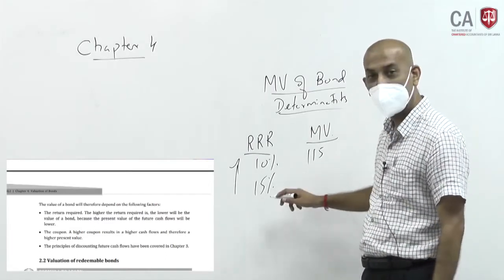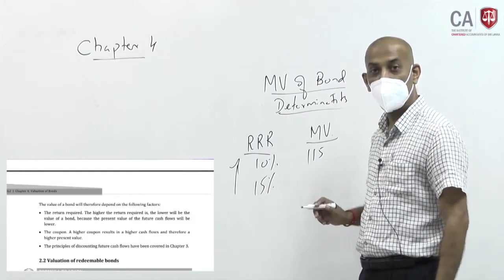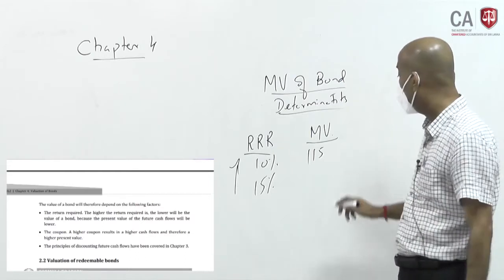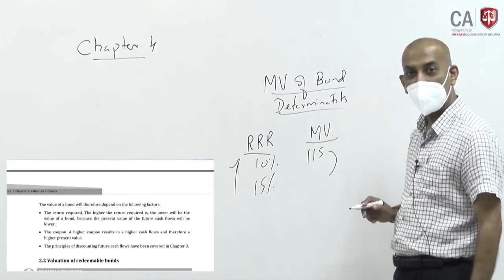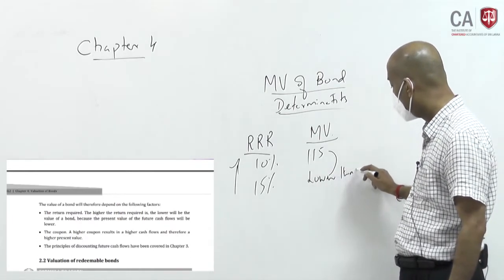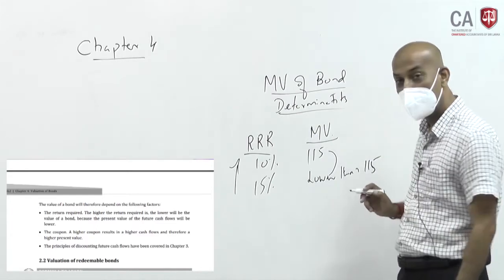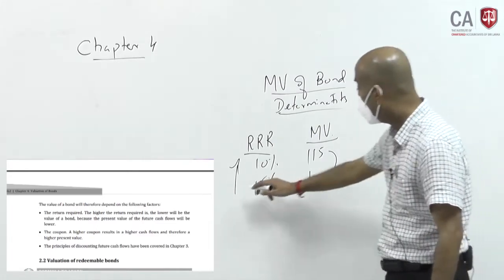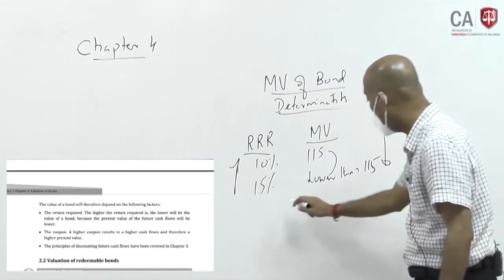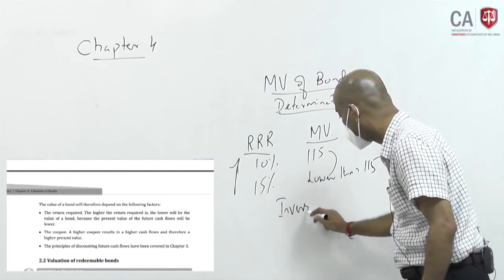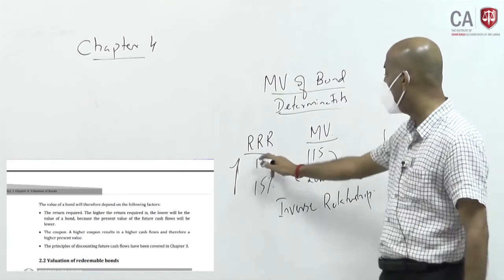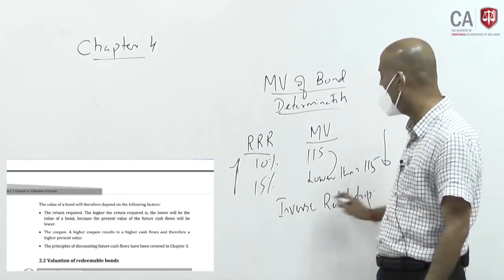Only the discounting rate has changed. 10% has become 15%. I want more return, 15%. Same cash flow of the instrument. What will happen to market value? Market value will come down. It will be lower than 115. I am not calculating the number. Why? If the return requirement goes up, market value comes down. So it's always an inverse relationship. Return requirement and market value of the bond have an inverse relationship.